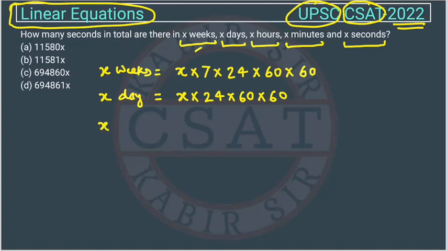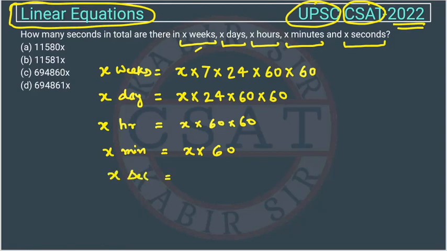Similarly for X hours, it will be X into 60 into 60, right? For X minutes, in each minute there are 60 seconds, so it also gets converted into seconds. Now X seconds will remain as it is, X, right? And we will add them all, and this is our answer, right?